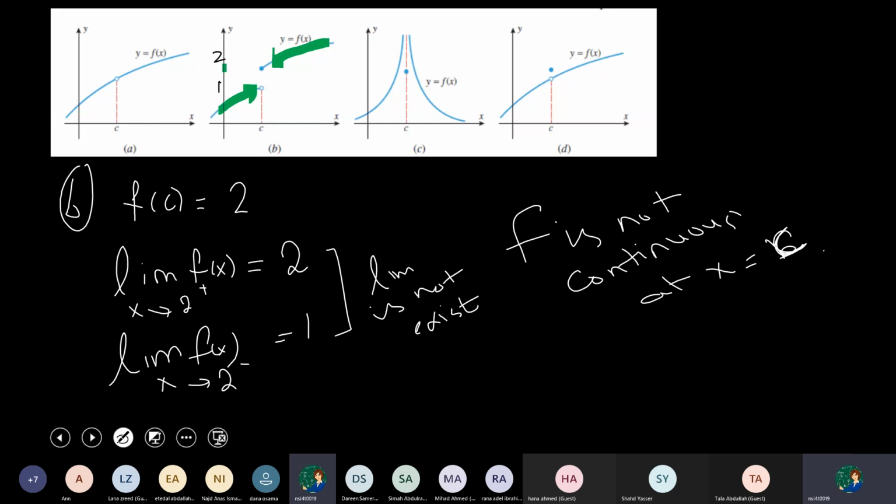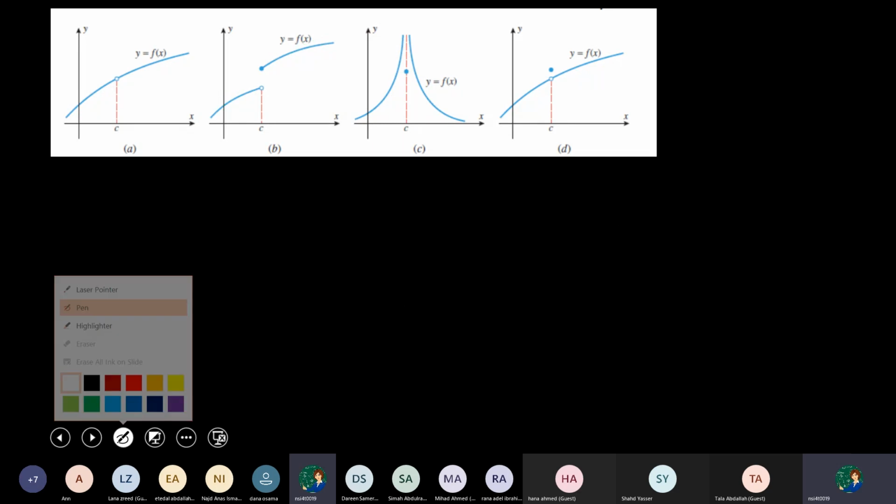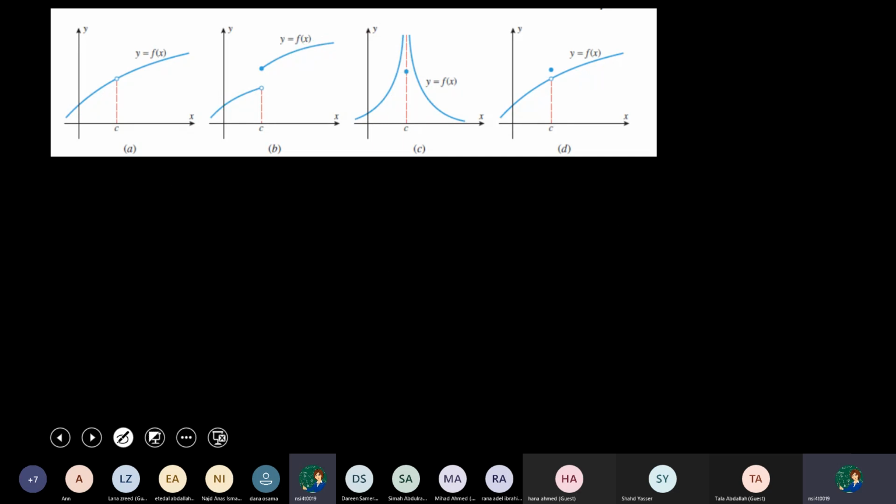Look at now the third one. In C now. f of C is equal to what? Let's say that it is 2. So f of C at the black point, it is 2.